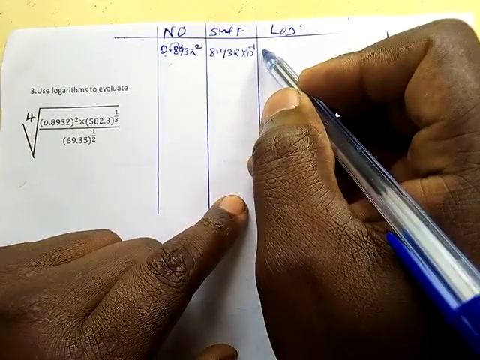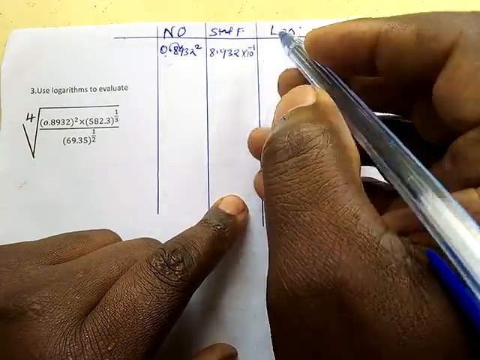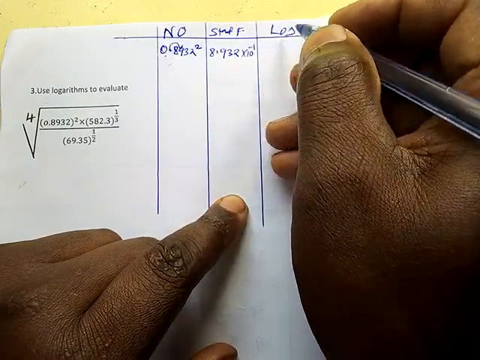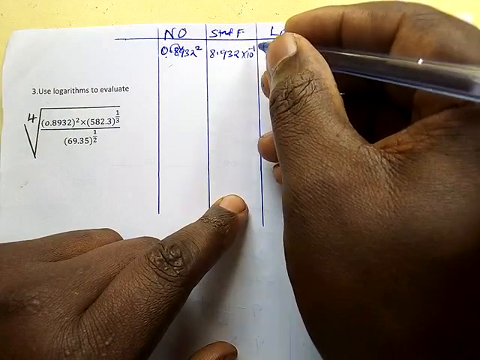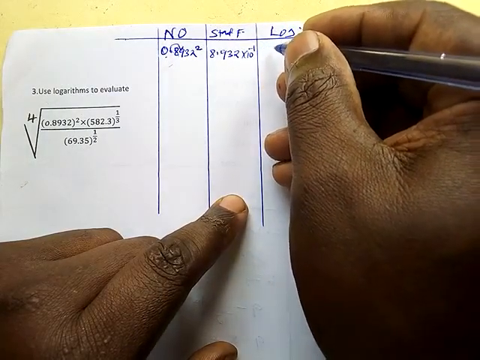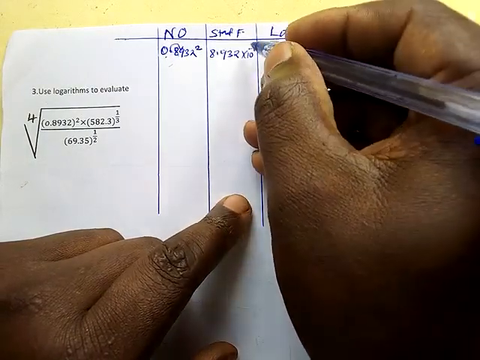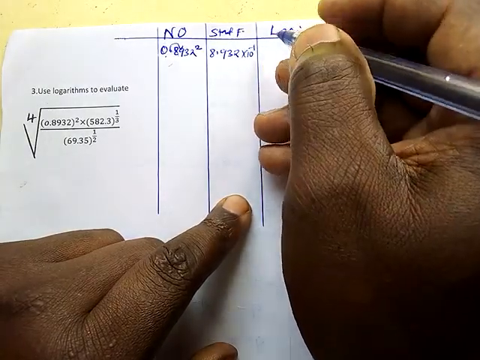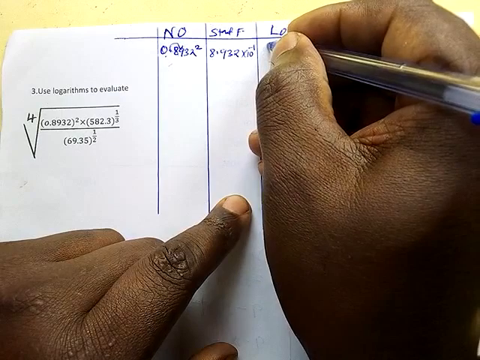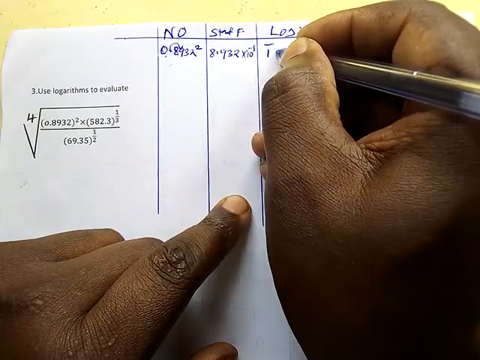The next thing is to find the log. But before we go on, logarithms have two parts. We have the part we call the mantissa, and the other part we call the characteristic. The characteristic will come from here. So our characteristic is bar 1, which is -1.